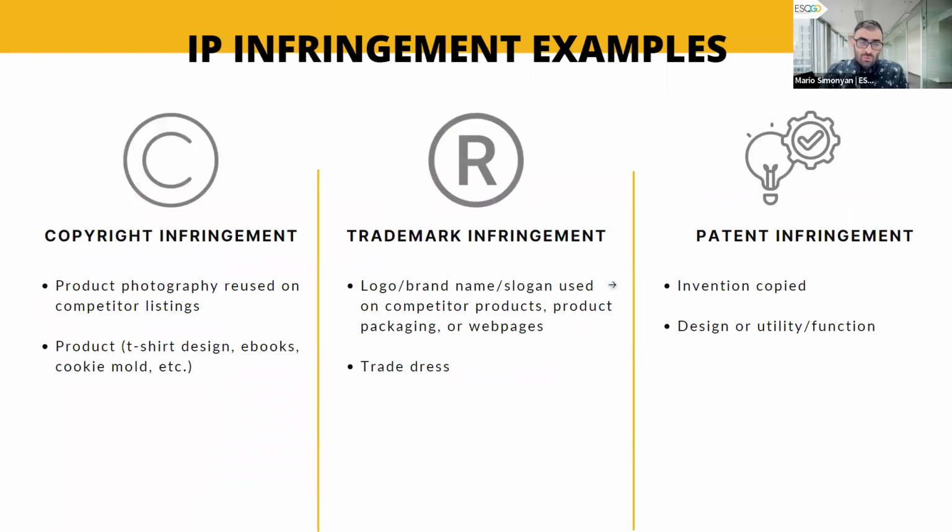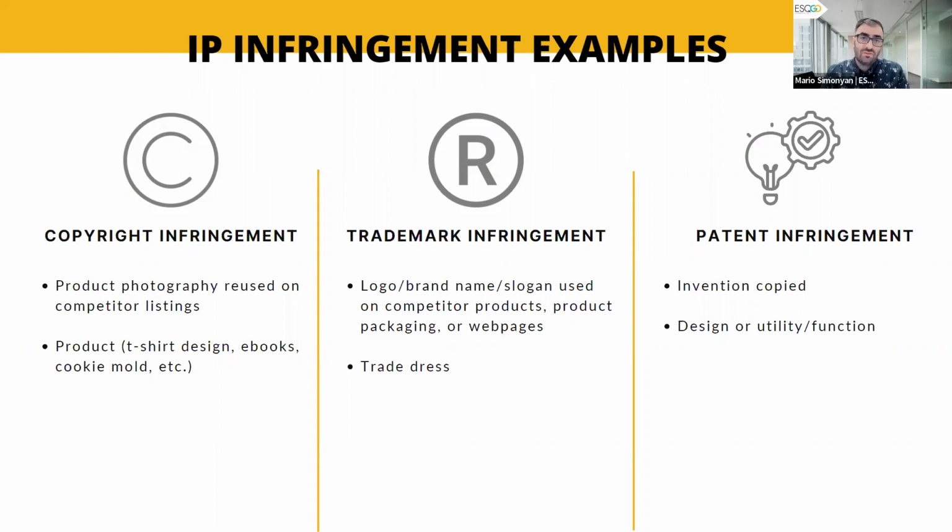As far as examples, what it looks like in the copyright realm, right? Because let's take a step back. When we talk about intellectual property, we're talking about trademarks, copyrights, and patents. So in the copyright realm, we're talking about competitors stealing your product photography, or they may be stealing your designs. We've got clients who create beautiful designs for t-shirts and hoodies, and next thing they know, competitors are stealing them. It could be your ebooks.